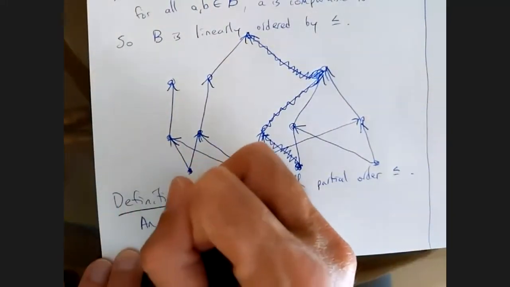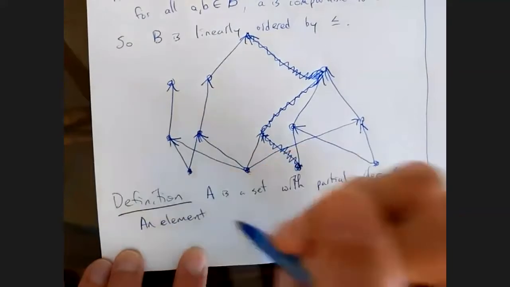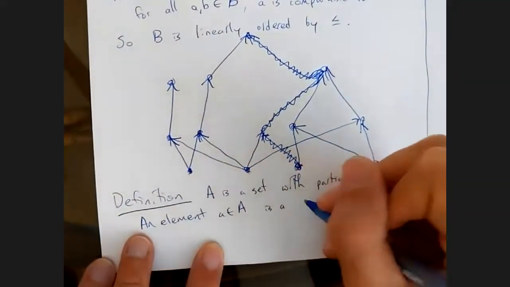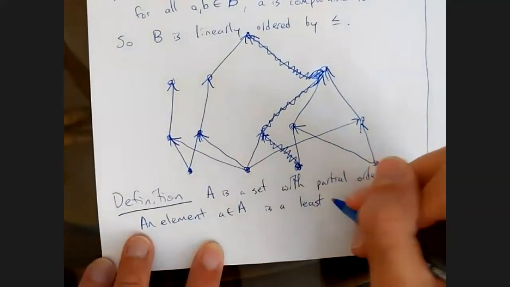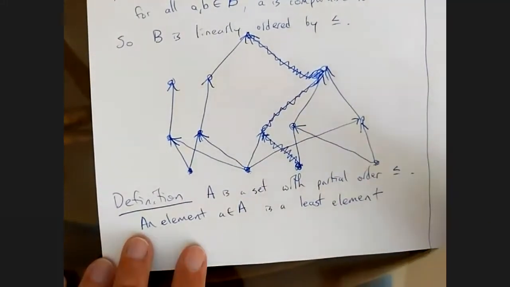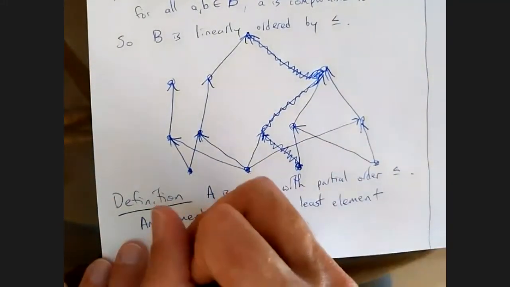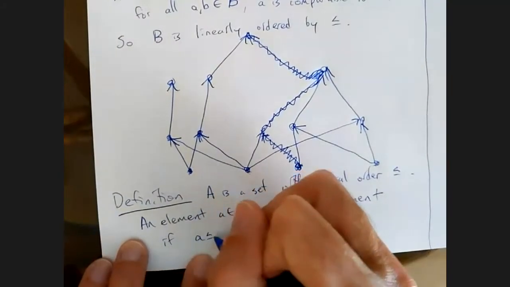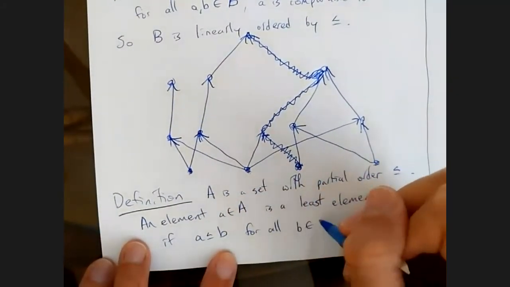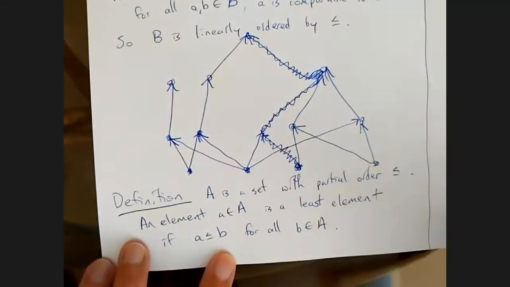An element little a is the least element of A if it's less than or equal to everything else.